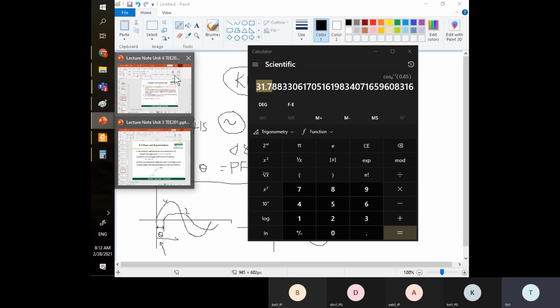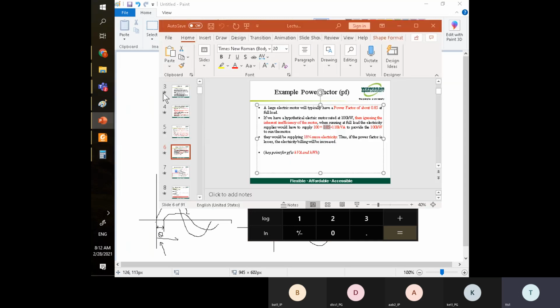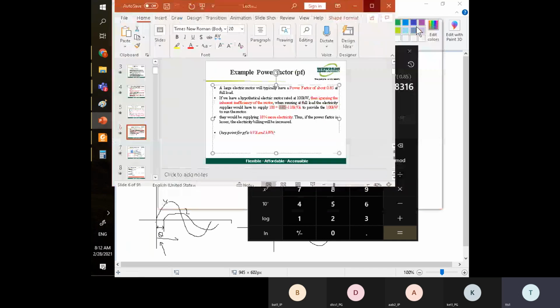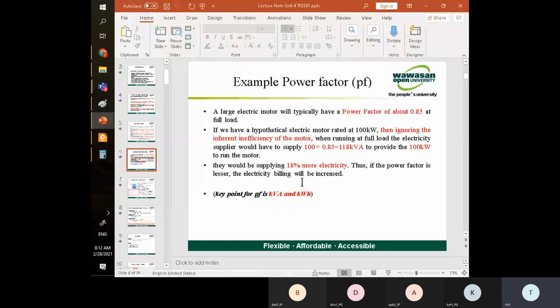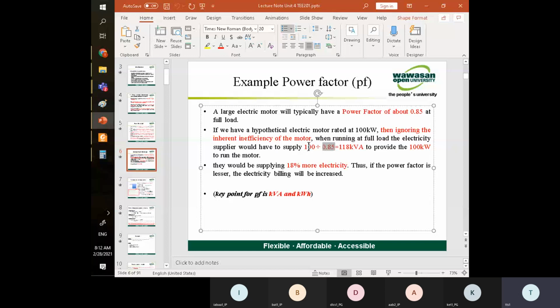Let's go back to the example again. If TNB tells you that your factory has a power factor of 0.85, you can take your power consumption, 100 kilowatts, and work in reverse, dividing by this value.